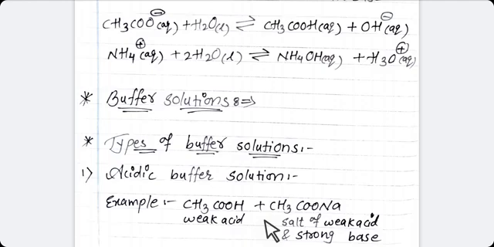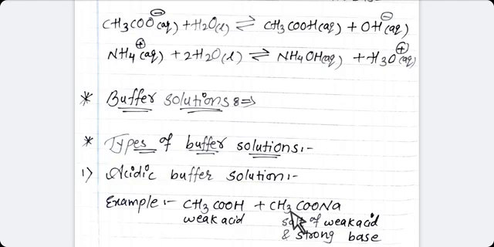So acidic buffer solution is made by using a weak acid and its salt. Which type of salt? The salt which is made by a weak acid and a strong base. Here we are using the weak acid, acetic acid, and the salt sodium acetate. Sodium acetate is the salt which is made by the weak acid, acetic acid, and the strong base, NaOH. Sodium acetate means CH3COONa.